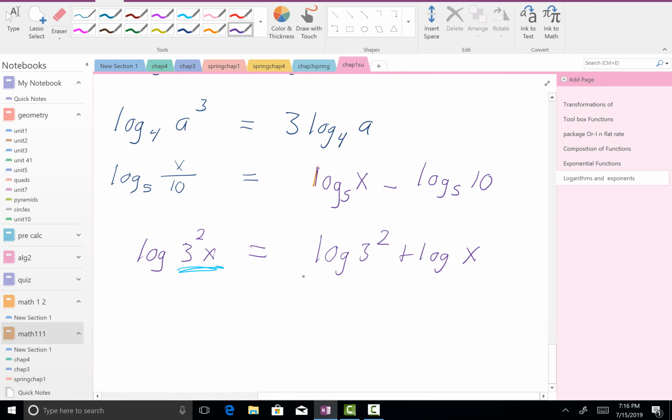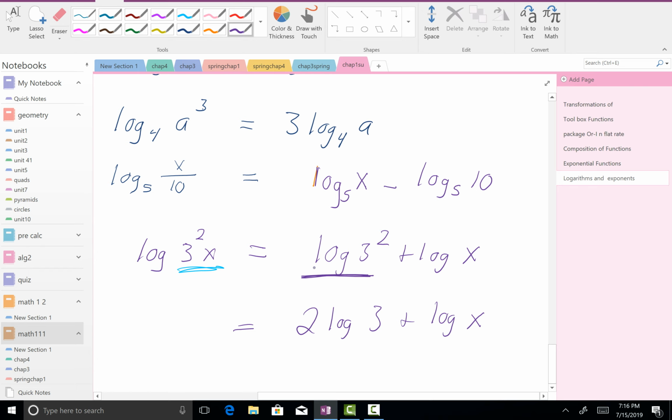But I'm not done here, because this is a 3 squared, so that means I can put the 2 out in front like this. Now it's done.